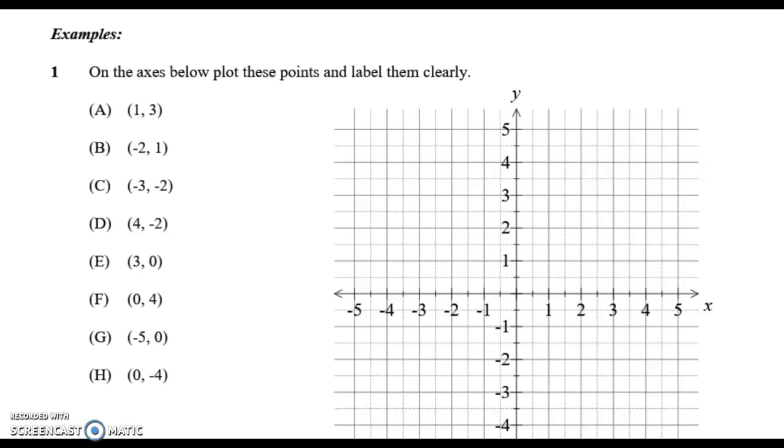On the axes below, plot these points and label them clearly. If we look at A, the point (1, 3), the x-coordinate is the 1, so we need to see how far left or right it is.